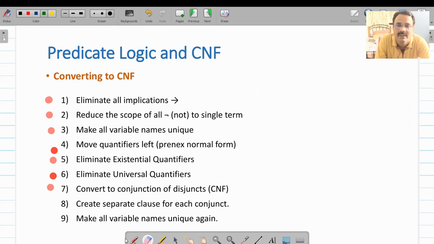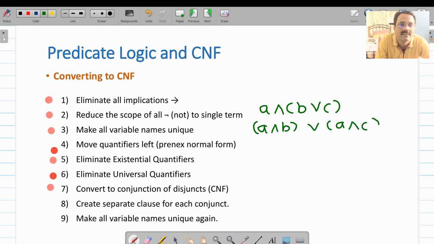So this can be done by using a result. We know that, suppose I have A and B or C. This is equivalent to A and B or A and C. This is one result.